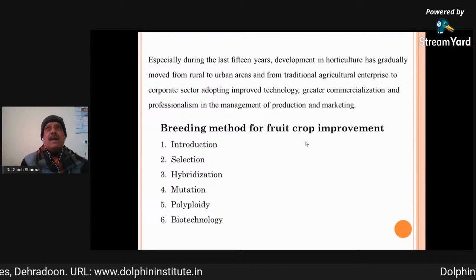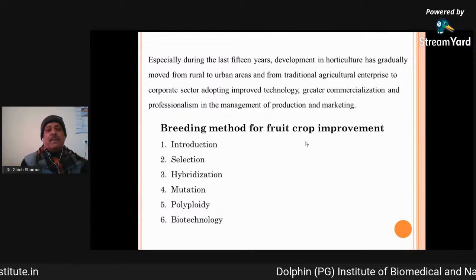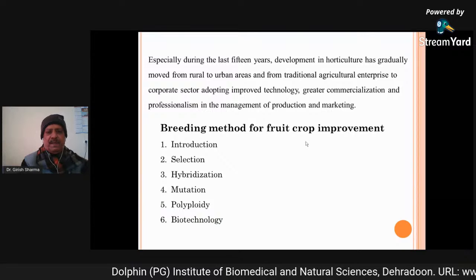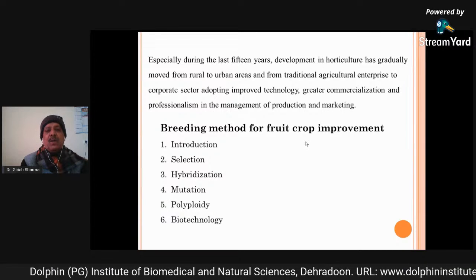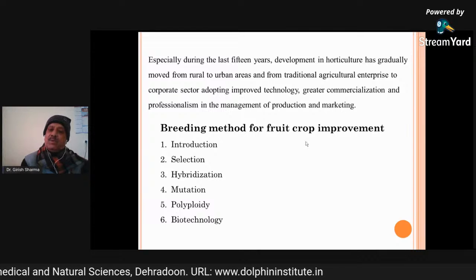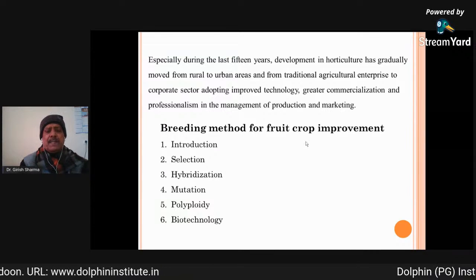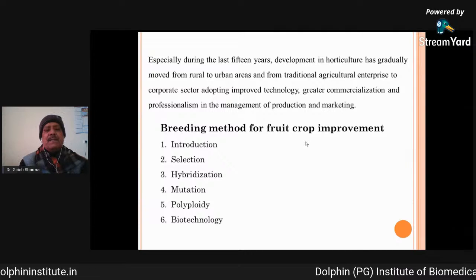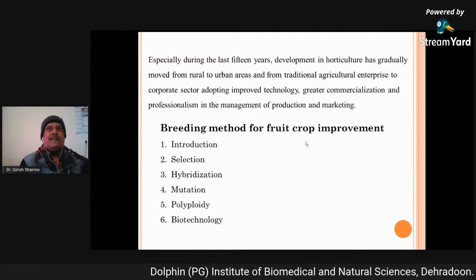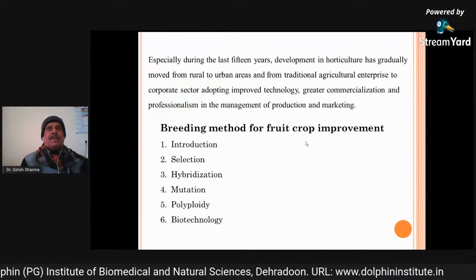The entire gamut of crop improvement rests on the variability that is present in the form of material introduced or local selections, and then the third through hybridization. Sometimes what happens is all three methods are not producing the required objectives. Then another method is mutation.